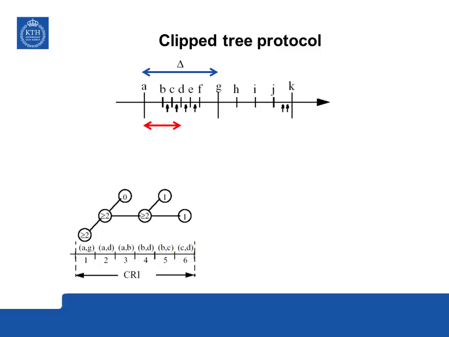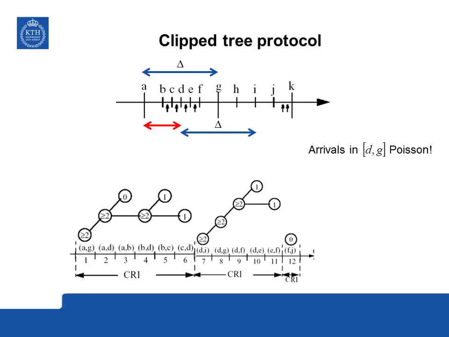What we now realize is that if we have no information about what has happened in the right interval, the packets in the interval D to G are Poisson distributed, and they are independent of what has happened up to time instant D. So this means that instead of resolving the right-hand interval, the optimum thing is to actually use a new epoch of size delta from this point, and to keep resolving that, and this we do in this tree, and so on.